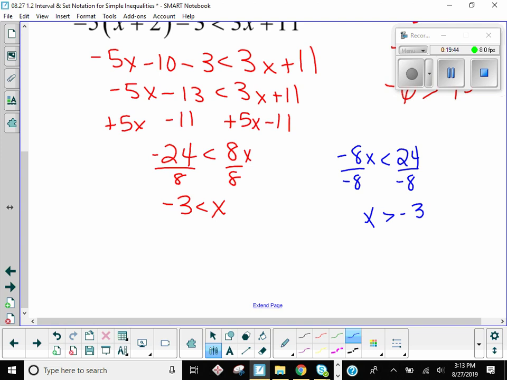Which way on both answers is it pointing? To which thing? Like the arrow's pointing to what? Yeah, it's opening to the x on both of them. It opens here, points to -3. This one opens this way to x, points to -3. These are the same thing, right? So either way, I'll take either one.